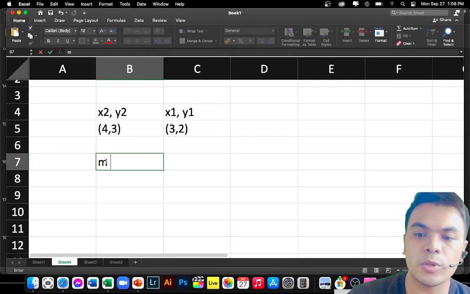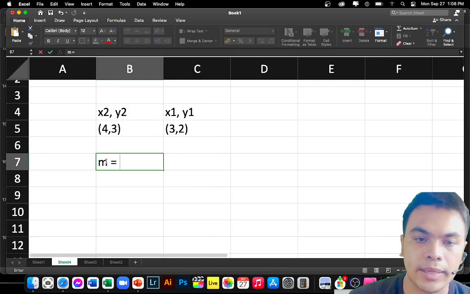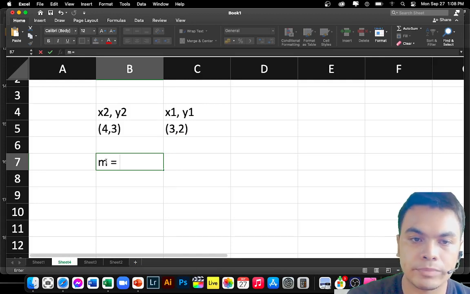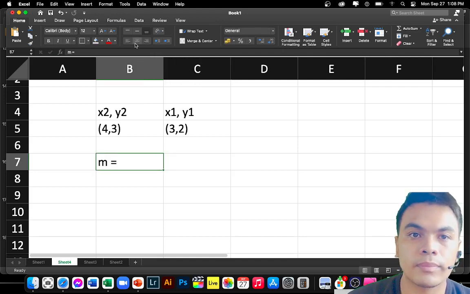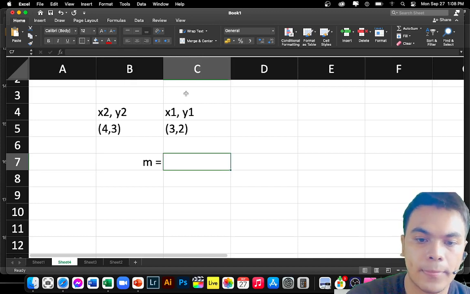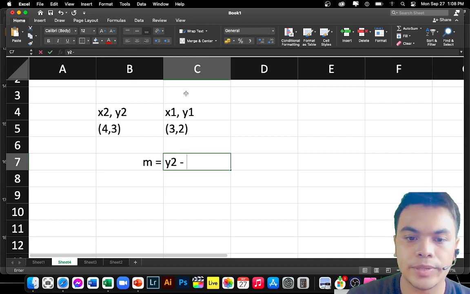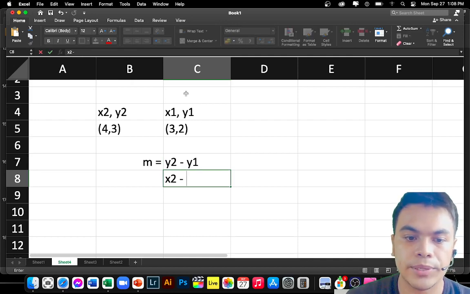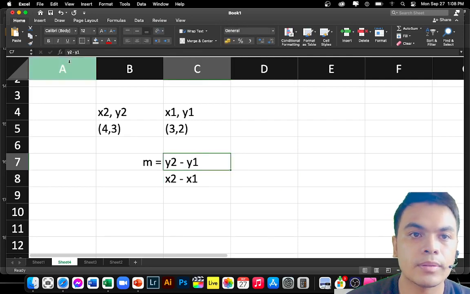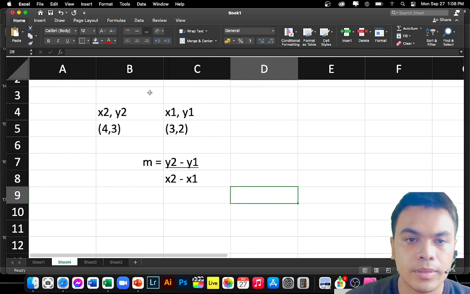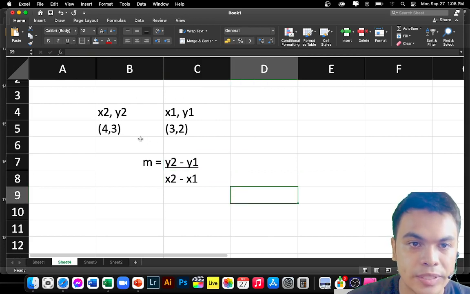Our formula for the slope again is delta y over delta x. So that is m is equal to y2 minus y1 over x2 minus x1. This is our given data. So what is our y2?